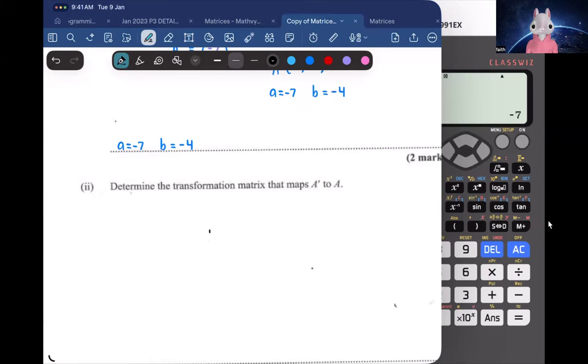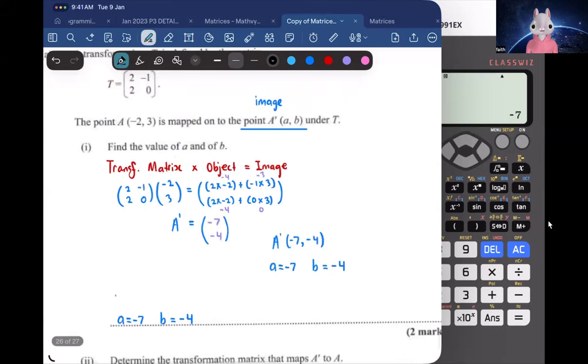So simply put, the image is like the answer? No, I don't really think about it like that. The image is just what you get after you do something to the object. If you move the object, you get the image. The object is the original thing.